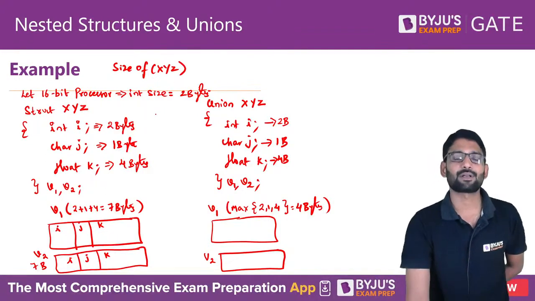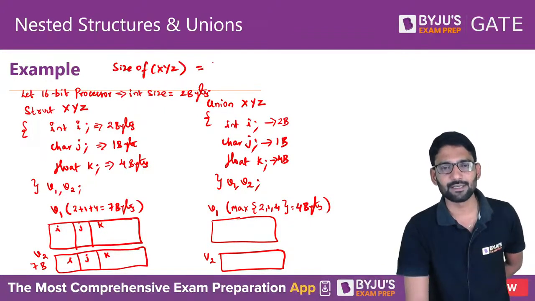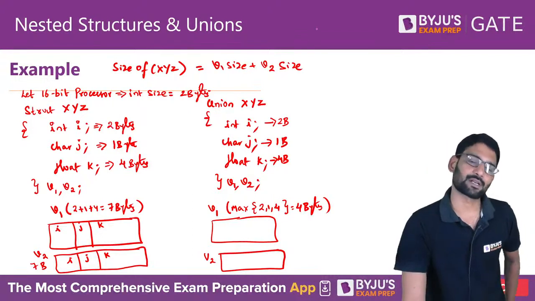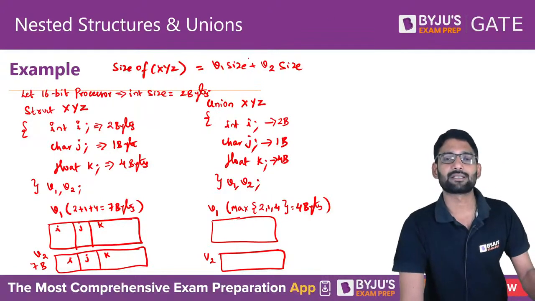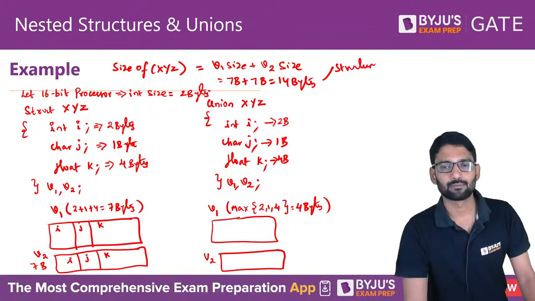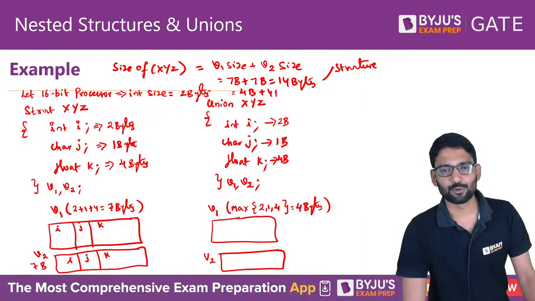Whether it is a structure or union, that is equal to v1 size plus v2 size. For structure or union, it is v1 size plus v2 size. That is 7 bytes plus 7 bytes, that is 14 bytes if it is a structure, and 4 bytes plus 4 bytes, that is 8 bytes if it is a union.